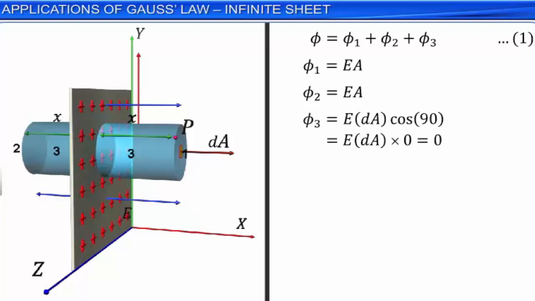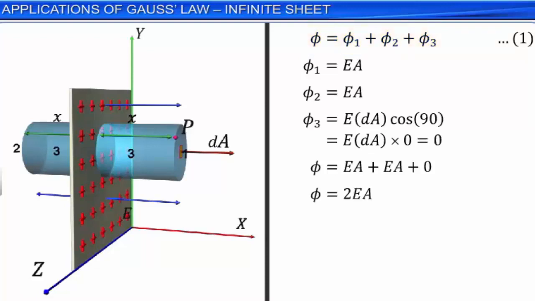Hence, no flux passes through this surface. Thus, the flux phi3 through this surface is 0. Substituting the values of phi1, phi2, phi3 in the expression for total flux phi, we get phi equal to 2EA. Let this be equation 3.